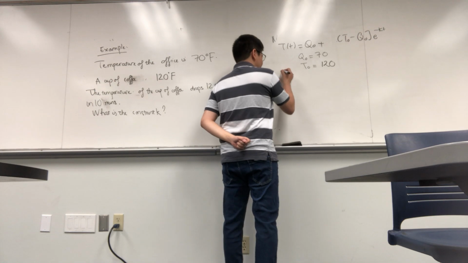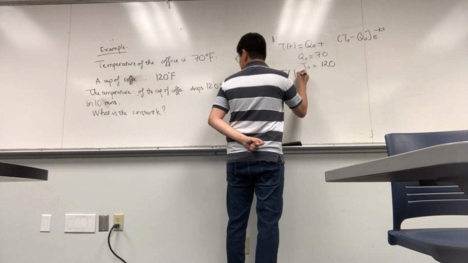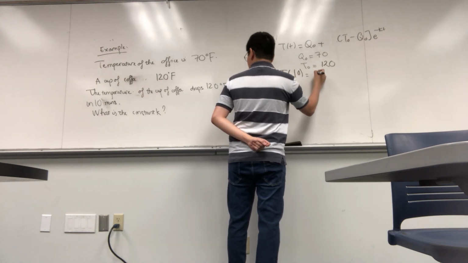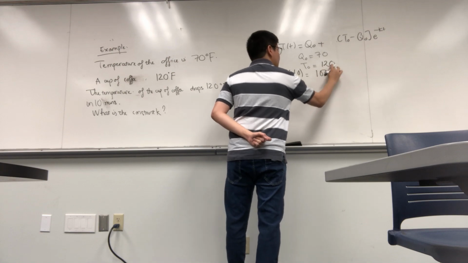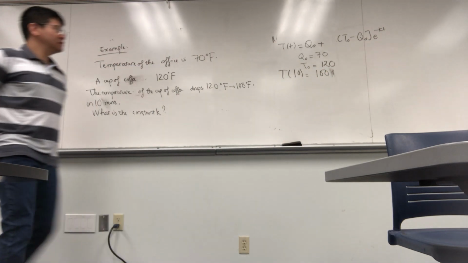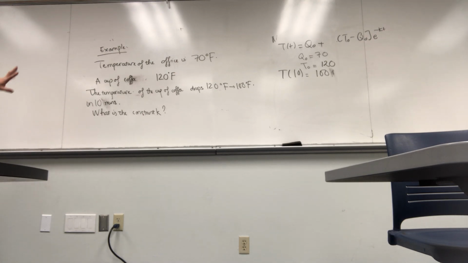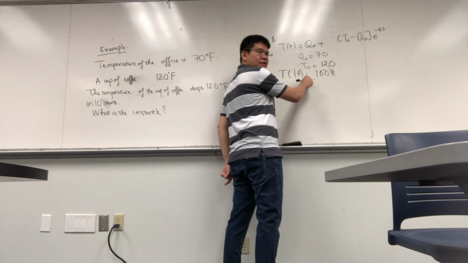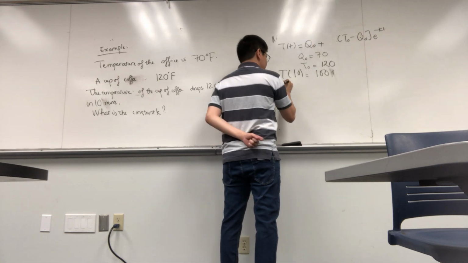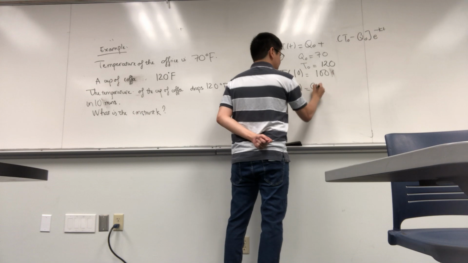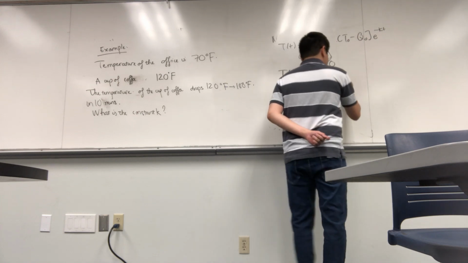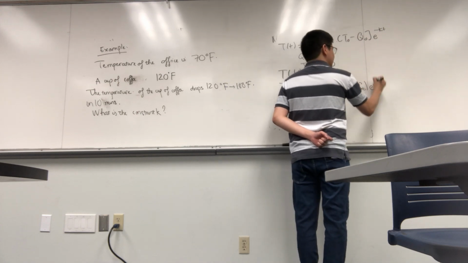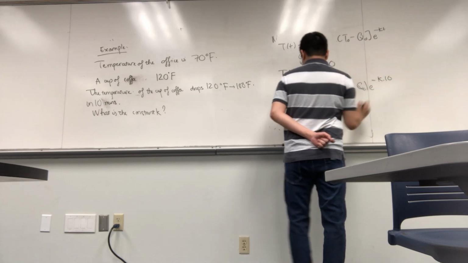So in this case, we have T of 10 minutes is 100. All right? So the temperature of the cup after 10 minutes is 100. So I'm going to replace everything into this equation. You have T of 10 is q0 plus T0 minus q0 times e to the power minus k times 10.